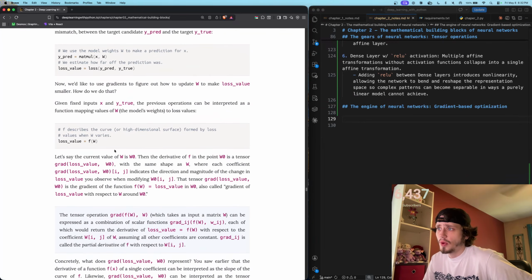Let's say the current value of W is W0. Then the derivative of f at the point W0 is a tensor of gradient loss value, W0. Right, this is the current value of the weights.